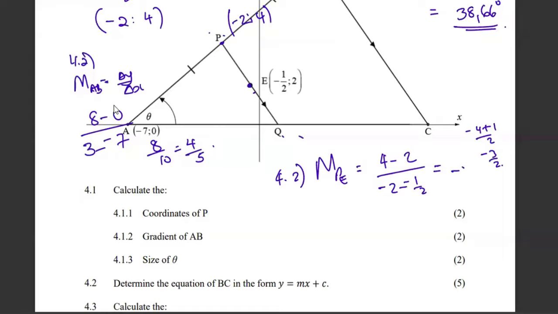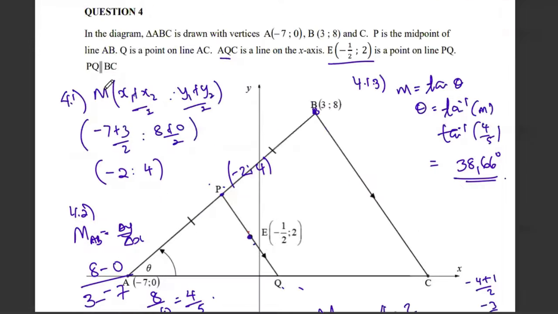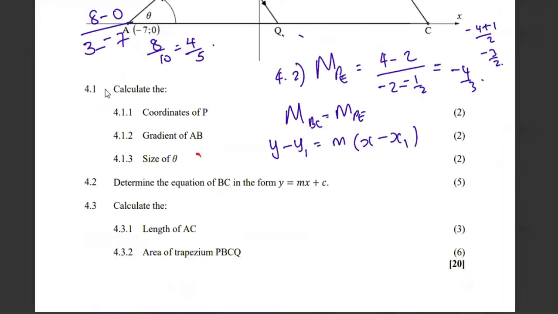So negative 4 over 3. So if that's the gradient, we are saying the gradient of BC should be the gradient of PE. And y minus y1 is equivalent to m into x minus x1. So if we replace, we have 3 and 8 as our point of interest.